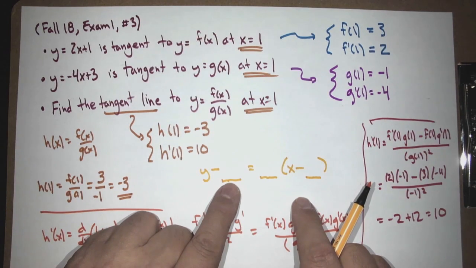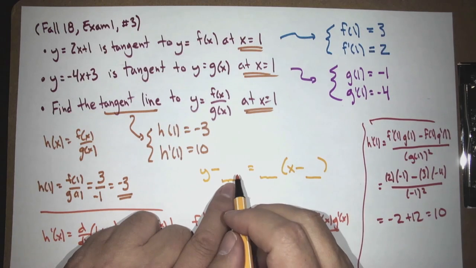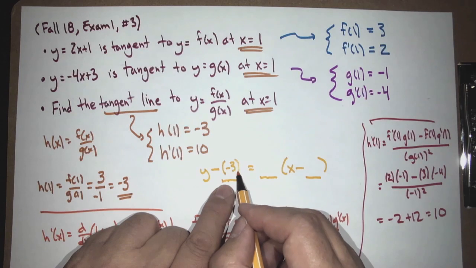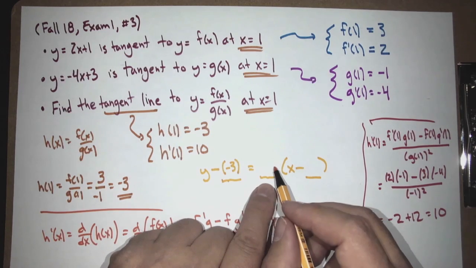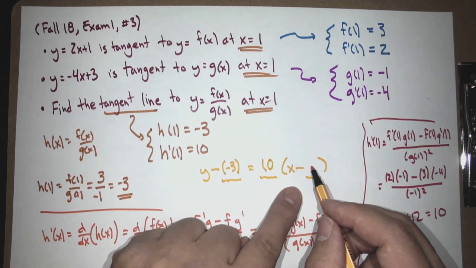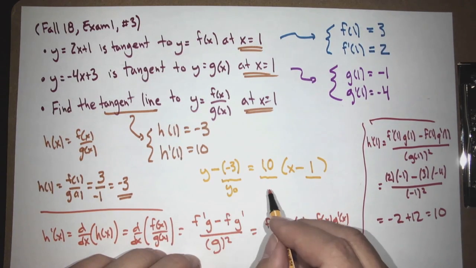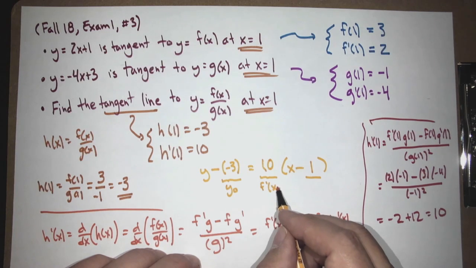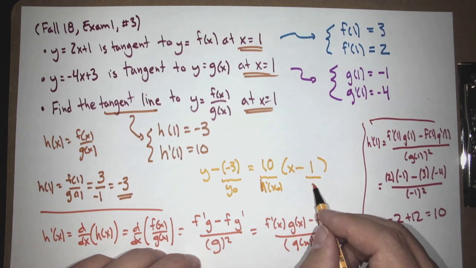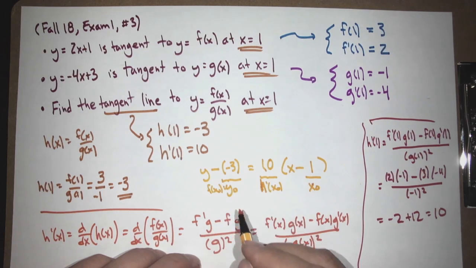It's y minus your y value is equal to your slope, 10, x minus your x value. So this is your y value. This is your derivative. In this case, it's h, not f. And this is your x, your x0.